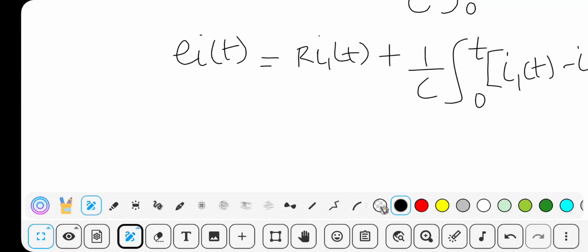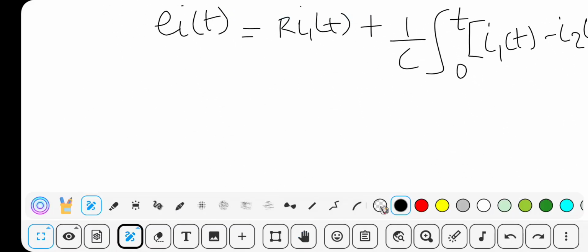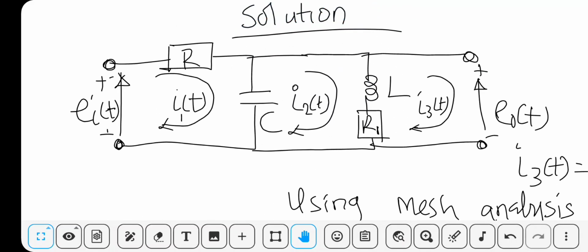Now for mesh 2, no, the other one was for mesh 1. For mesh 2, the voltage drop across the same capacitor, moving in mesh 2, will be I2 minus I1.